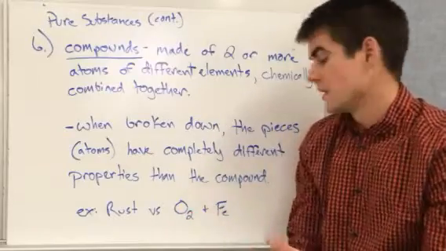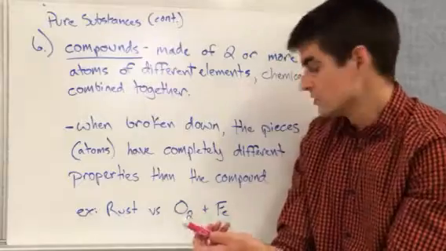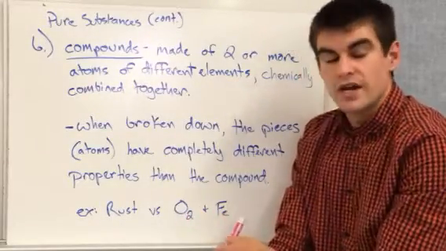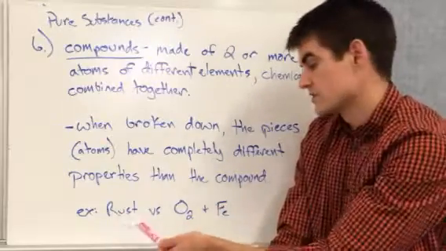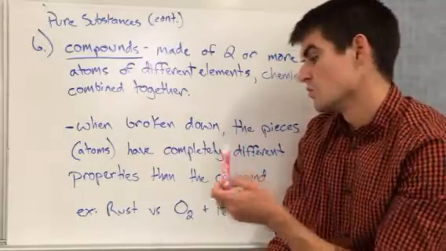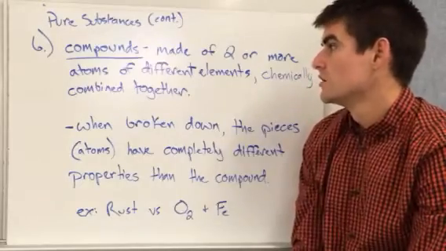You can mold it. It doesn't break. It's malleable, is the word I was looking for. And it's shiny, grayish black in color, where the rust is definitely a different color. And oxygen, you can't even see it. But in the form of rust, you see that orange color.